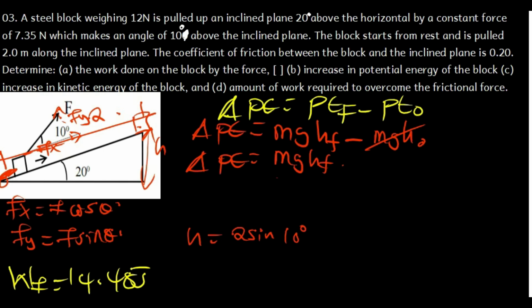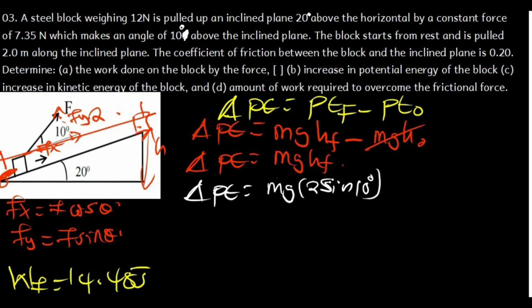I'm going to say the change in potential energy is going to be mgh. Now this h, I'm going to replace with 2 sine 10 degrees. Okay, so let's go ahead and find the answer now. For the change in potential energy, do we have the mass?